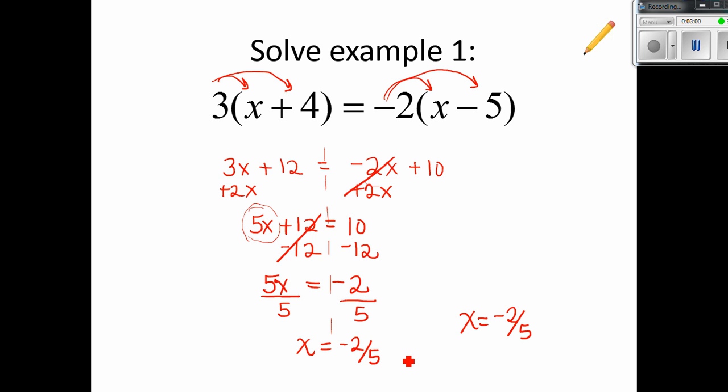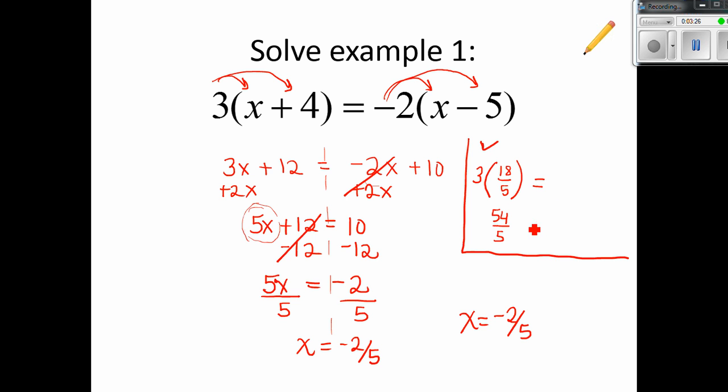But before I can say that's for sure my solution, I should make sure that it makes the statement true. So I'm going to use my calculator, and I'm going to go ahead and check my solution. I'm going to type in negative 2/5 plus 4 into my calculator, and I'm going to get 18/5. Okay, and 3 times 18/5 is 54/5.